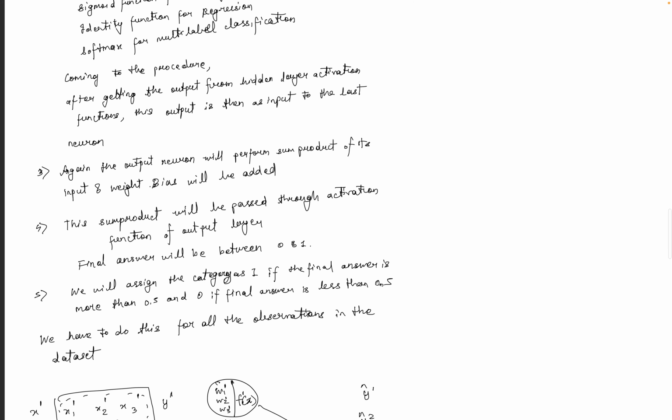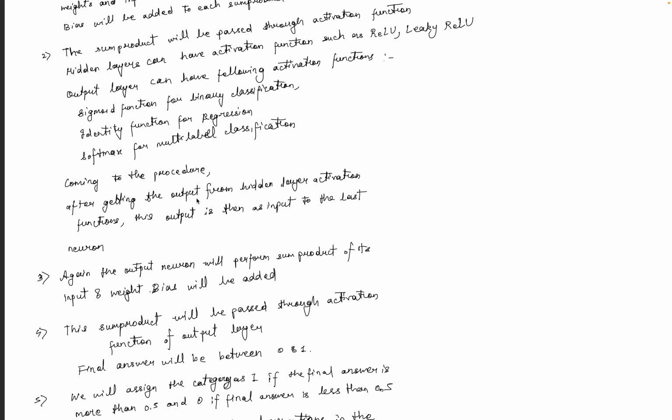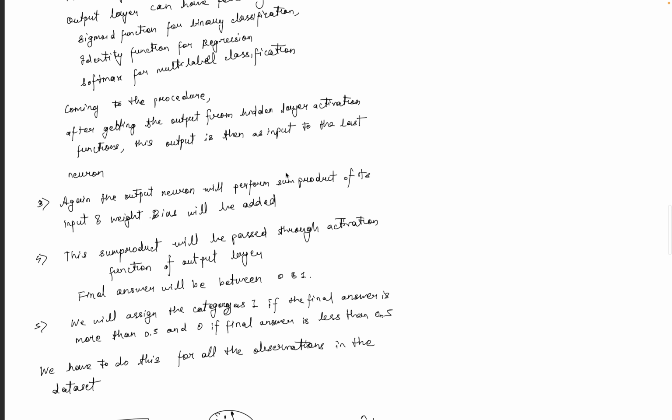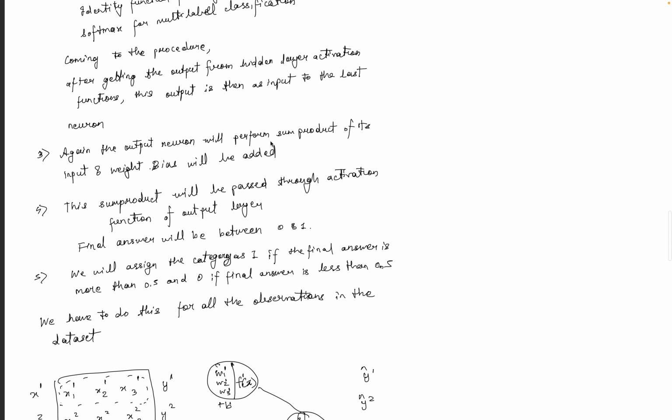Again the output neuron will perform the sum product. After getting the output from the hidden layer activation functions, this output is then used as input to the last neuron. The output neuron will perform the sum product of its input and weight.